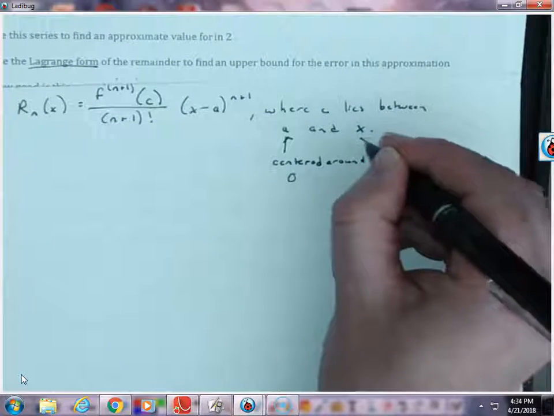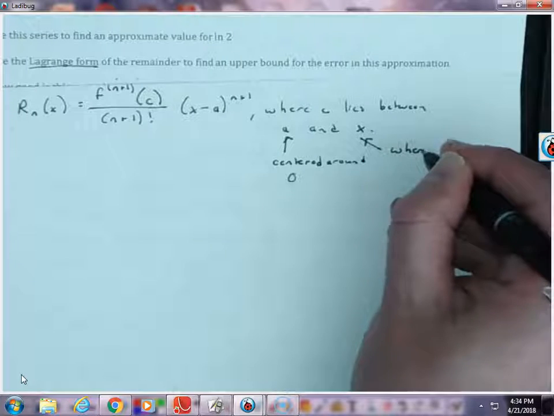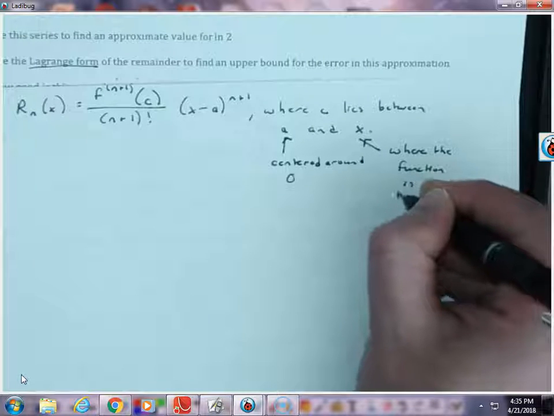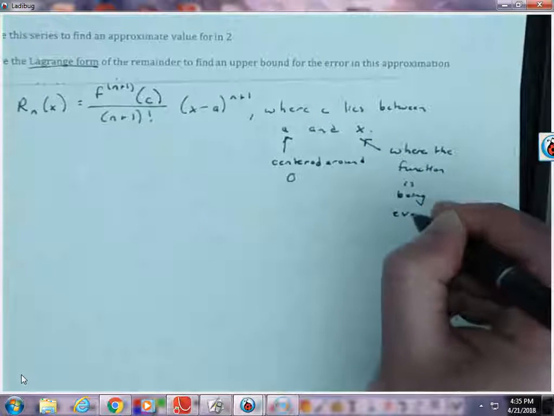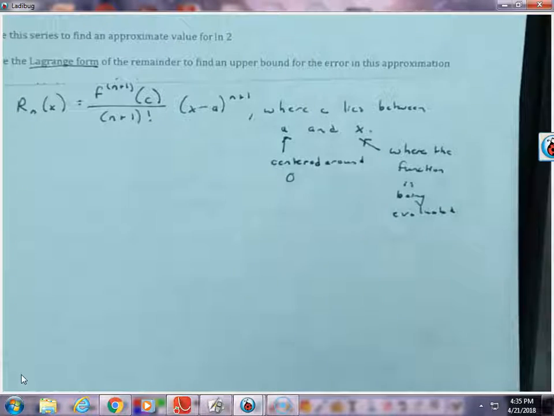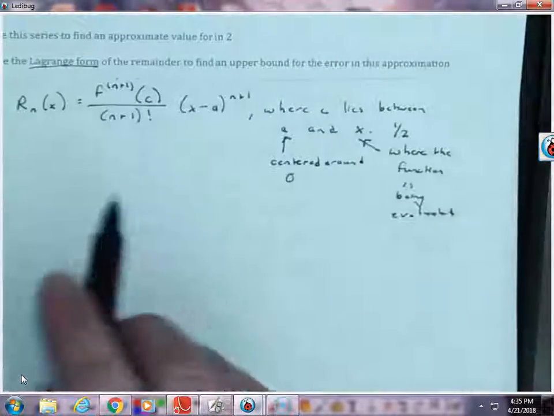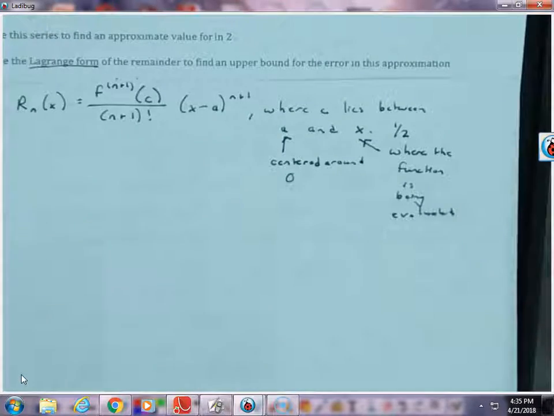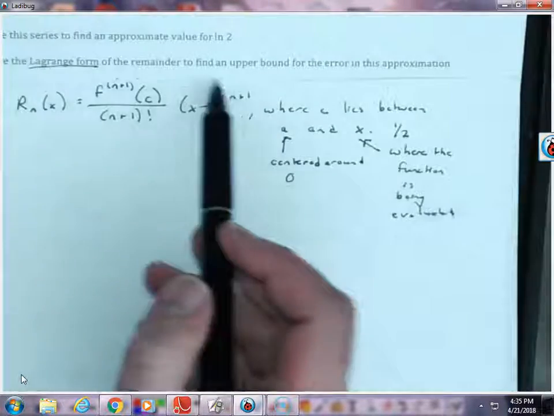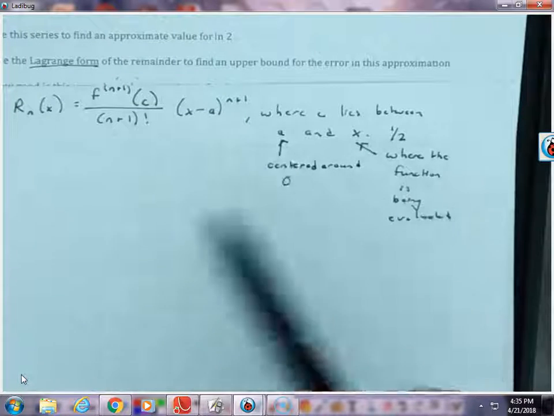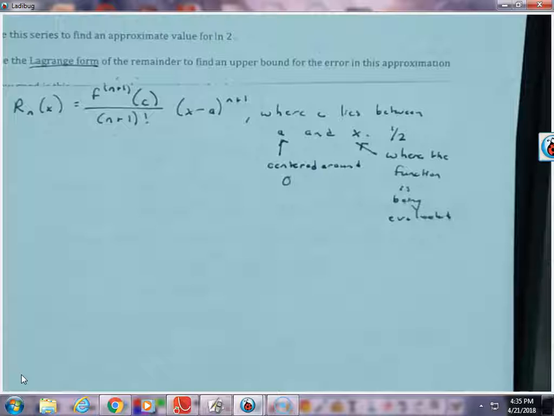Okay, the x is where the function is being evaluated. For us, we substituted in 1/2, and so our x is 1/2. Now, when it says c lies between a and x, it's whatever makes this overall function as large as possible. And generally speaking, it's either going to be a or x. You're just going to decide which one of those values would make this the highest.